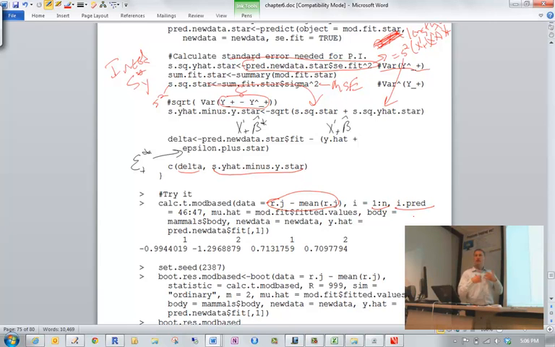Here's my extra I.pred. I just chose, although I didn't have to do this here, 46 and 47, observations 46 and 47. The rest is pretty much self-explanatory. Notice how I get my y hats, or the x pluses, out: pred.new data, $fit, the first column.